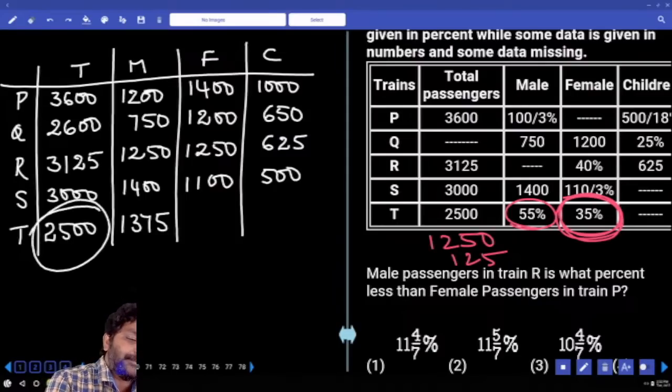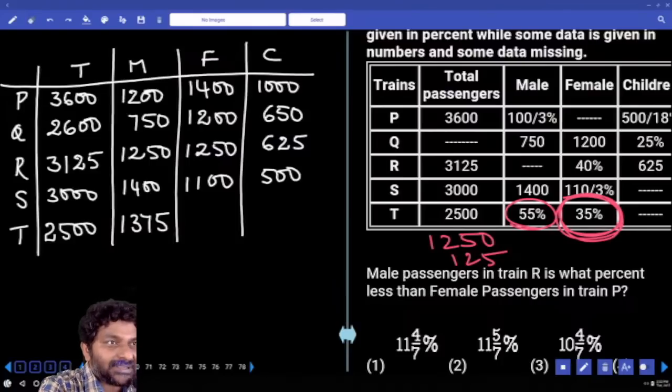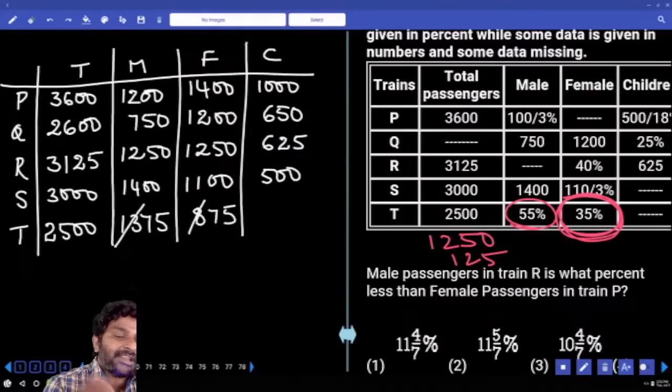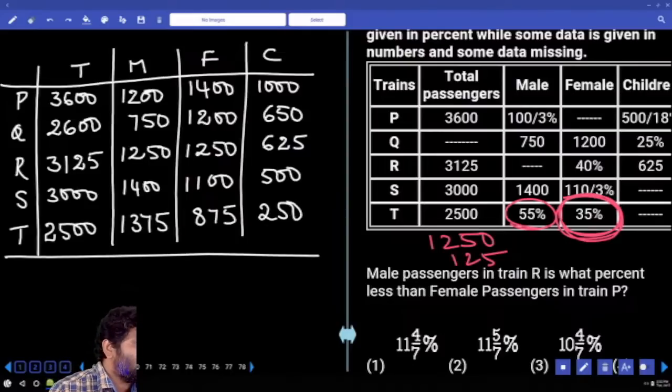What is 10%? 2, 10%, 10%, 10%, 20%, subtract 500, 8, 75, 1300 plus 800, 2100, 75, 75, 2100 plus 150, remaining, they are children. Done.